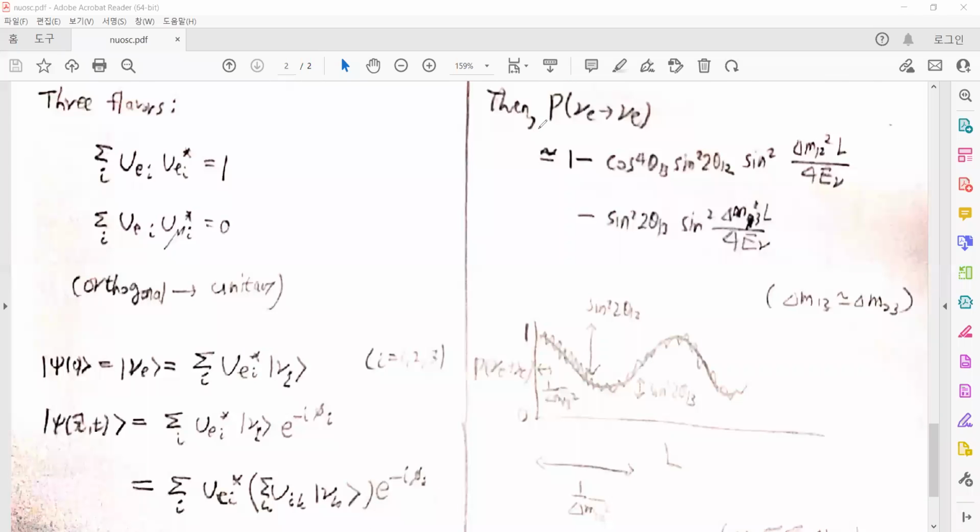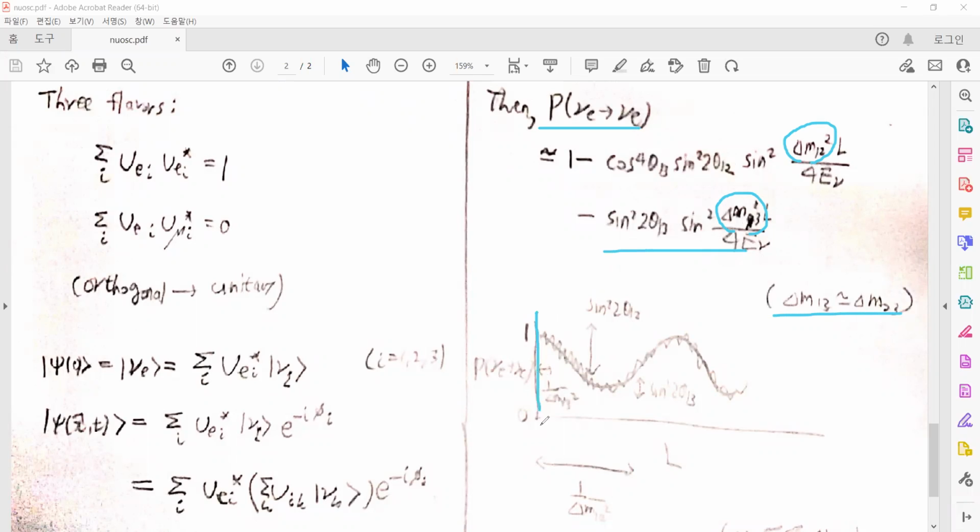So that is the survival probability in the three flavor case. There are delta m squared 21 and delta m squared 31 terms. And we assume that delta m 13 and delta m 23 are very similar, so we absorbed them in this term.